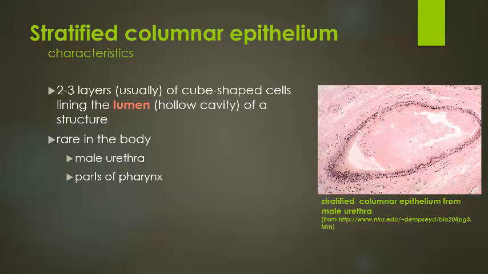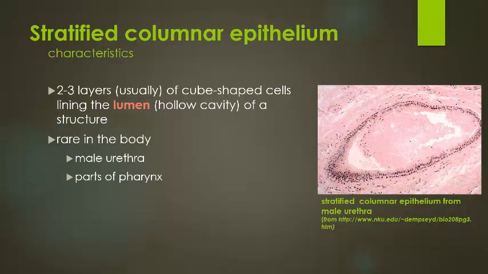as is stratified columnar epithelium. Once again, usually just 2 to 3 layers. Here we see once again a 2-layer stratified columnar epithelium with actually a little bit more cuboidal shaped cells down at the basement membrane, but the second layer tends to be much more columnar in shape.